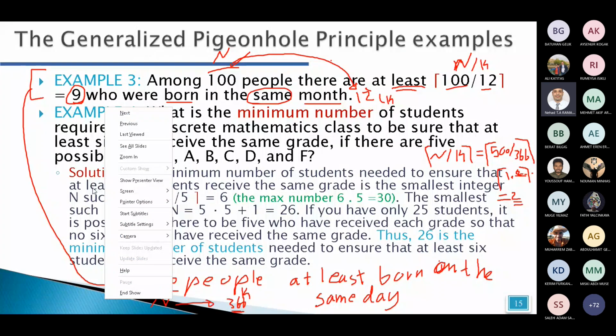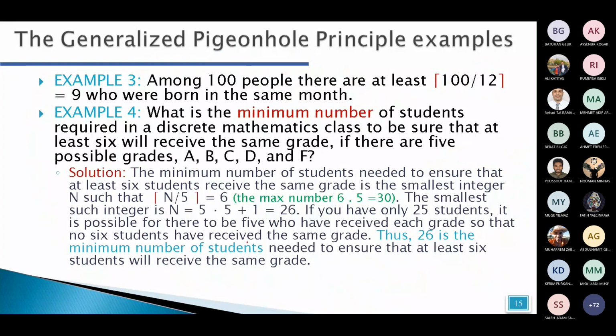Okay, so example 4: what is the minimum number of students required in a discrete mathematics class to be sure that at least 6 students will receive the same grade, if there are 5 possible grades, A, B, C, D, F?